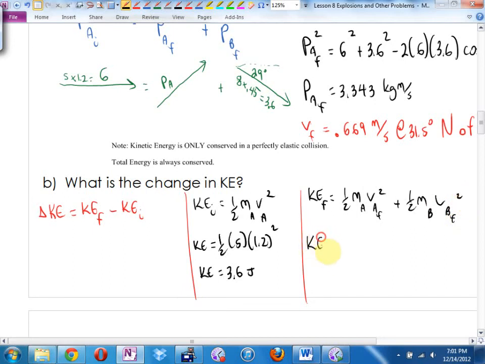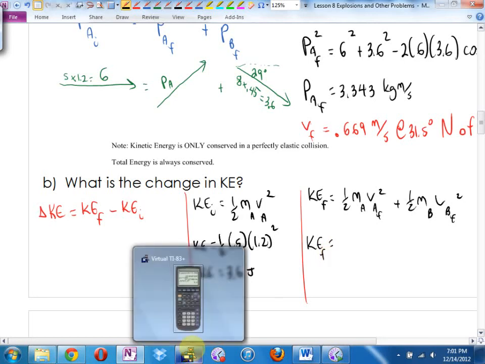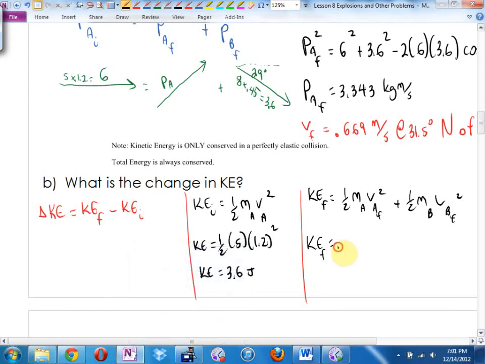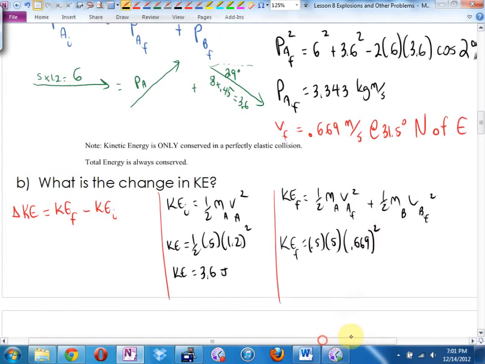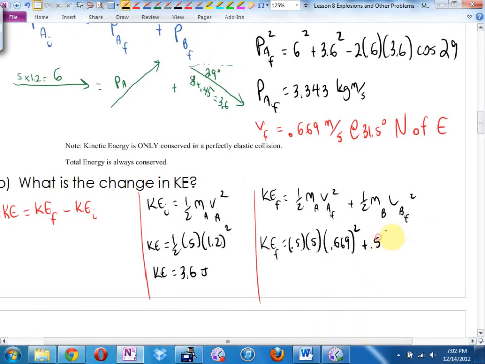My final kinetic energy is going to be 0.5 times 5 times, what was VA final? 0.669 squared plus 0.5 times 8 times 0.45 squared. How much kinetic energy do I have at the end?